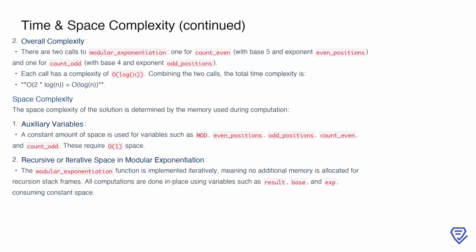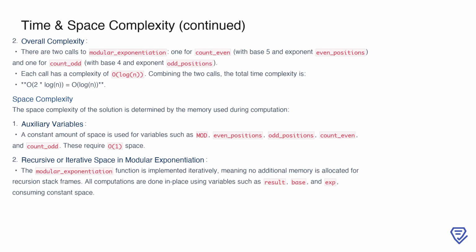For space complexity, the memory usage depends on the variables and operations within the solution. The algorithm uses a fixed number of auxiliary variables, such as mod, even_positions, odd_positions, count_even, and count_odd, all of which consume constant space, or O(1).